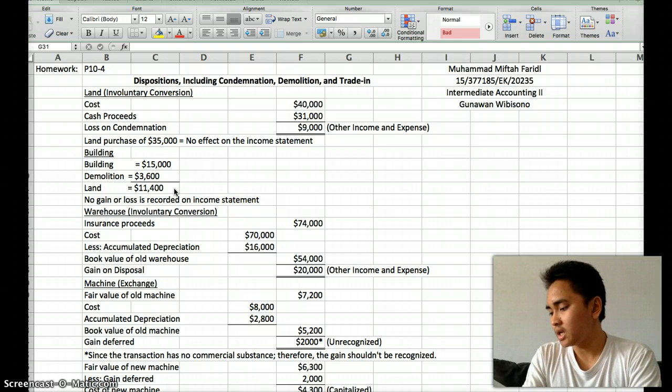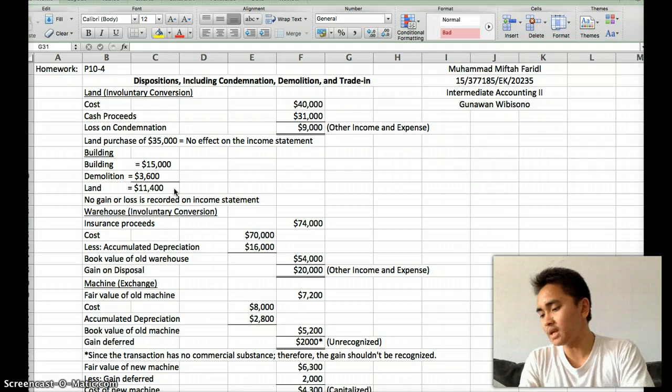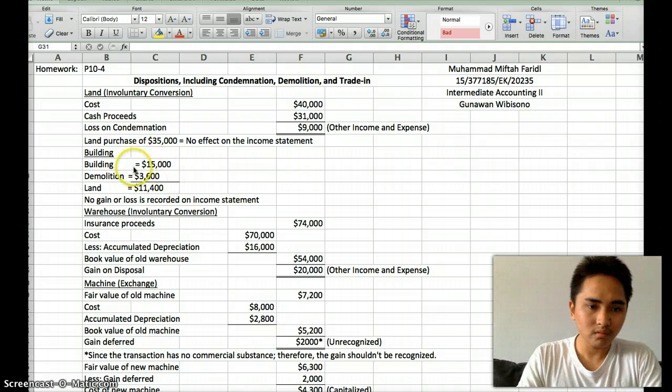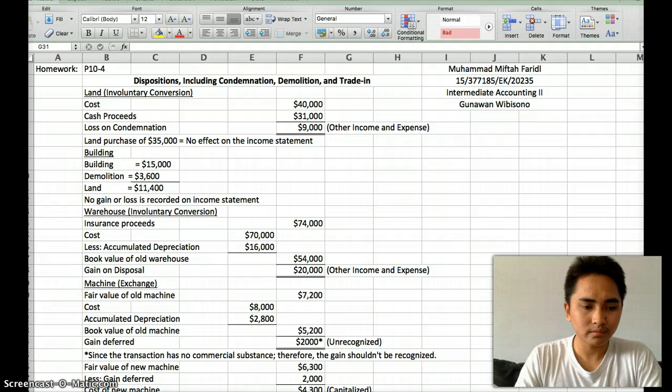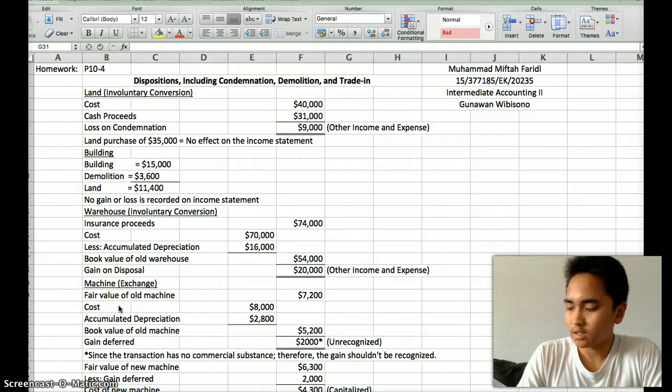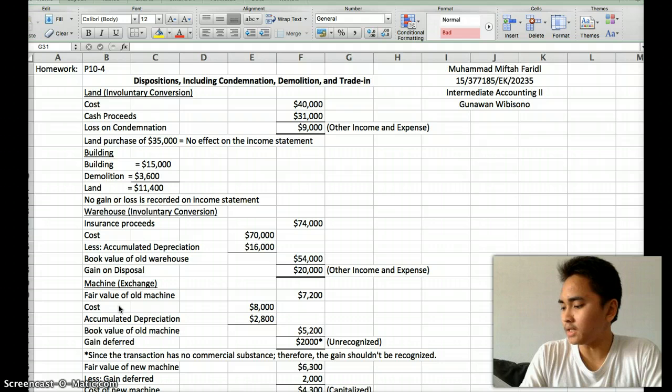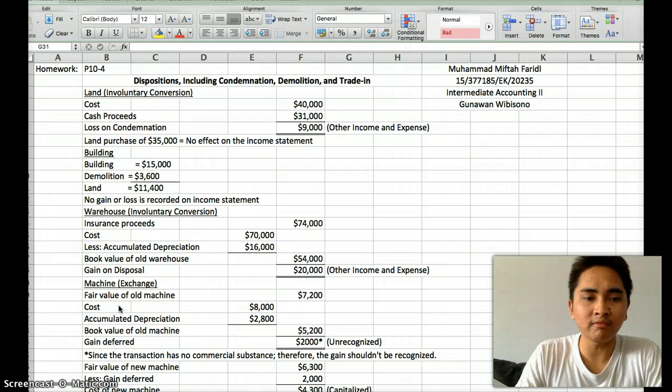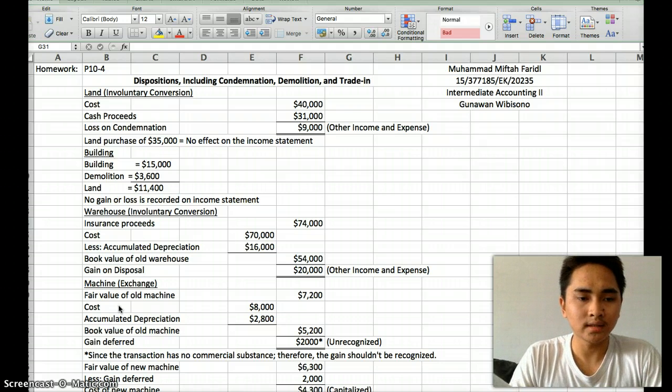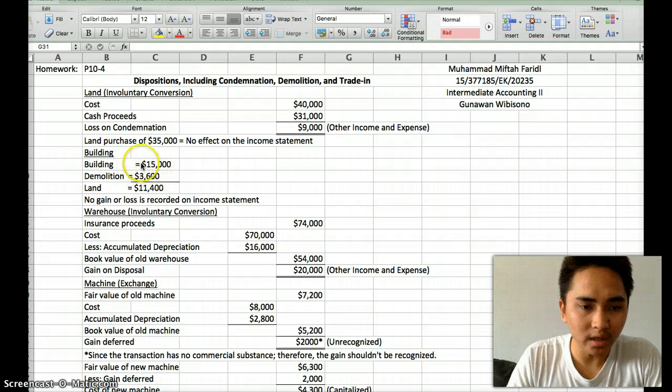Cash proceeds received in November represent the net proceeds from demolition of the building. So the building is purchased at a rate of 20% of the total cost of 75,000, separated from the land. So 75,000 times 20% gets me to 15,000.